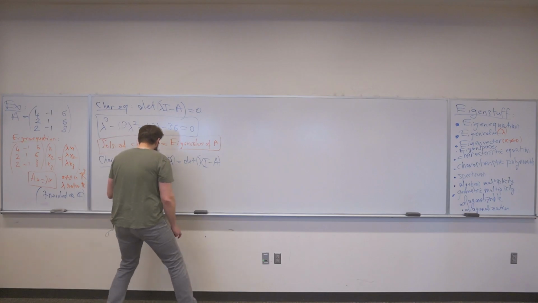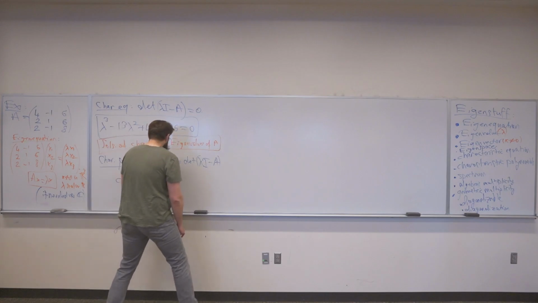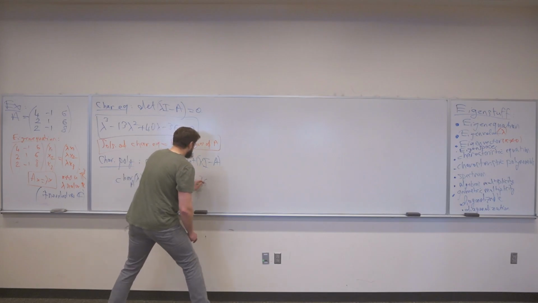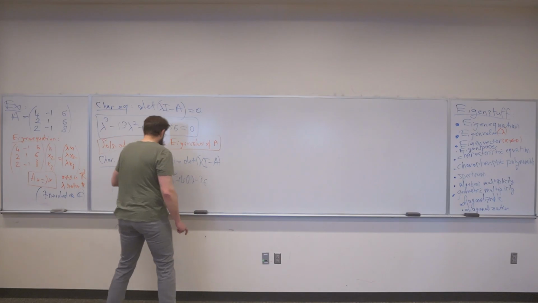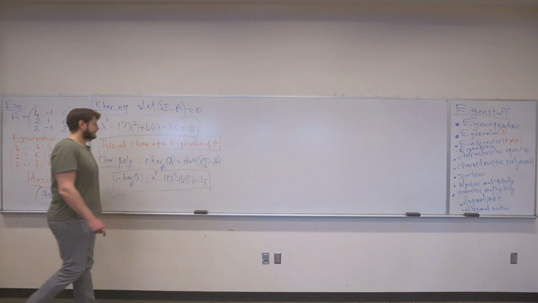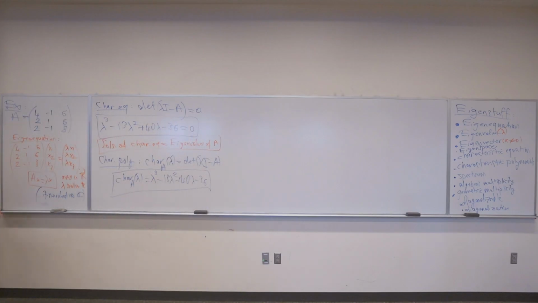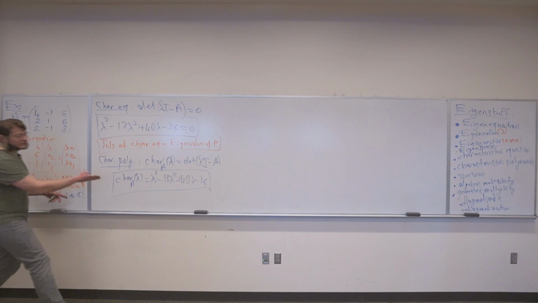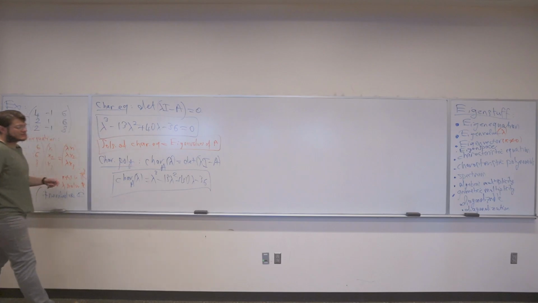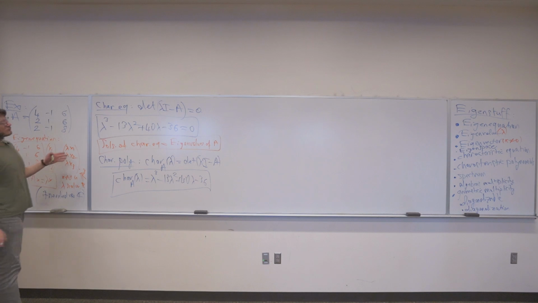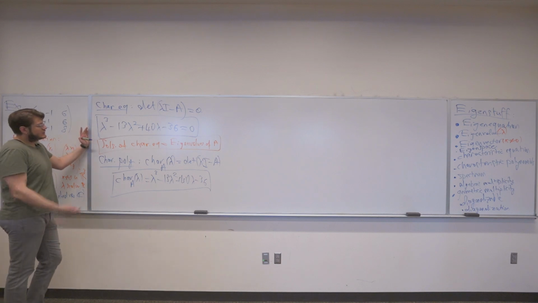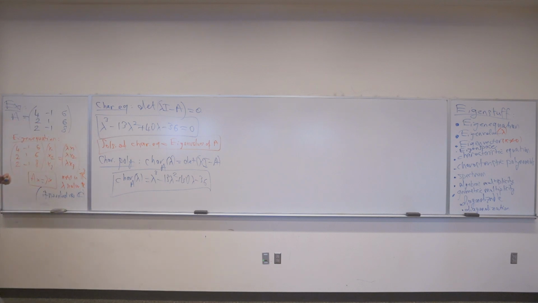So this is lambda cubed minus 13 lambda squared plus 40 lambda minus 36. If you look at the zeros of this specific polynomial associated to A, well, that's the same thing as looking at the solutions of the characteristic equation.